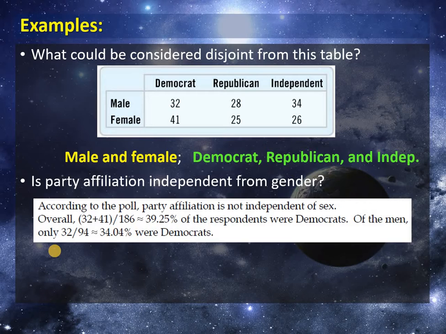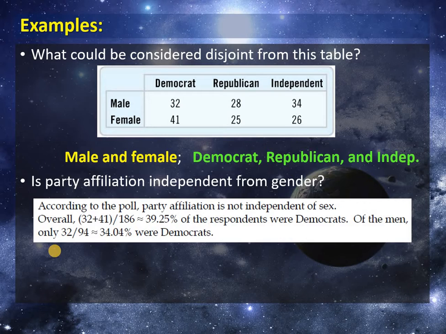So you did probability of Democrat given male, and what did you compare that to? Just given female, okay? That's fine. Those two first letters match. You could have compared any of those to the general probability of Democrat. Any of those match.